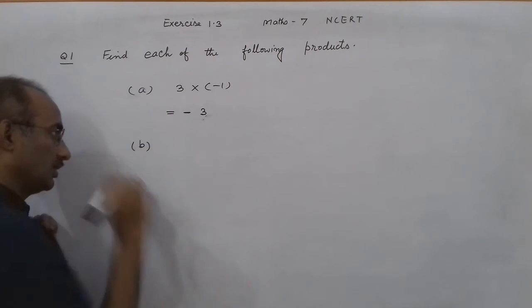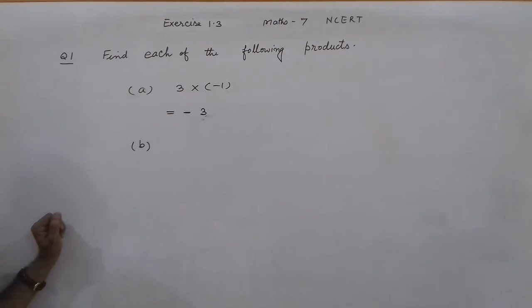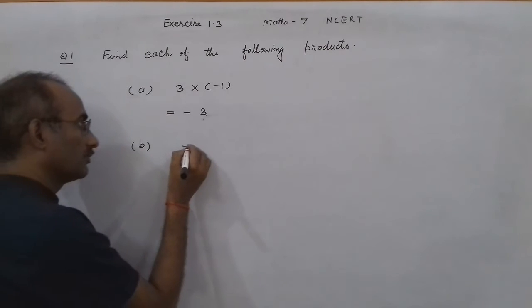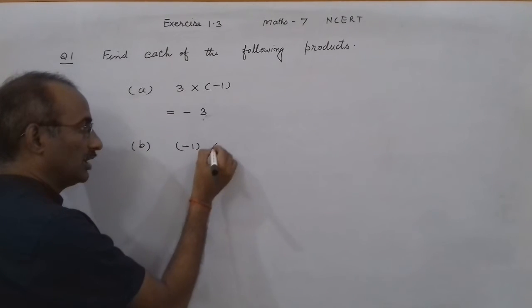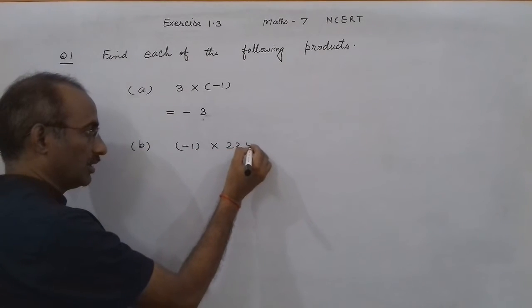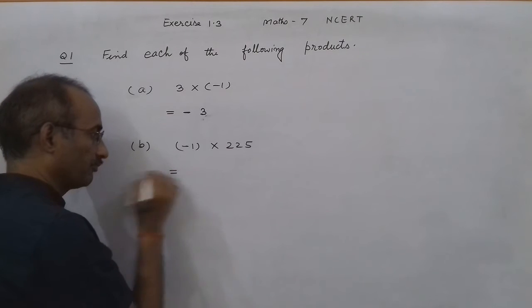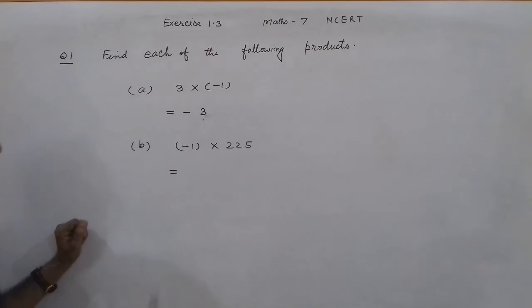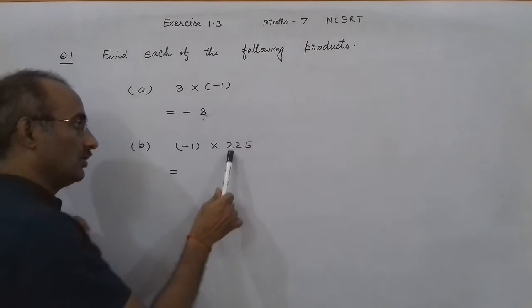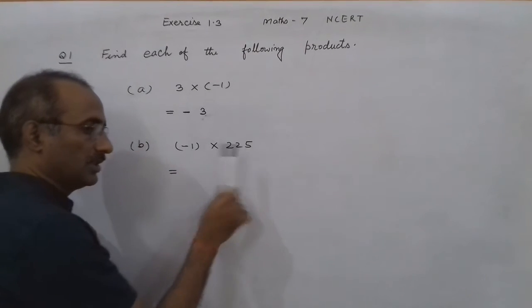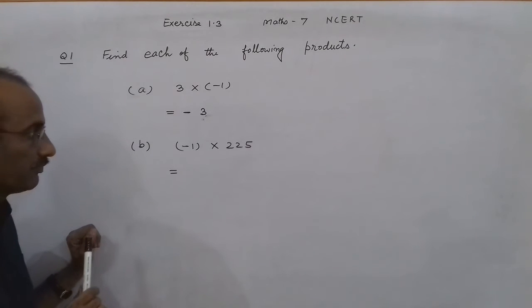The next question is minus 1 multiplied with 225. Minus 1 is a negative integer and 225 is a positive integer.